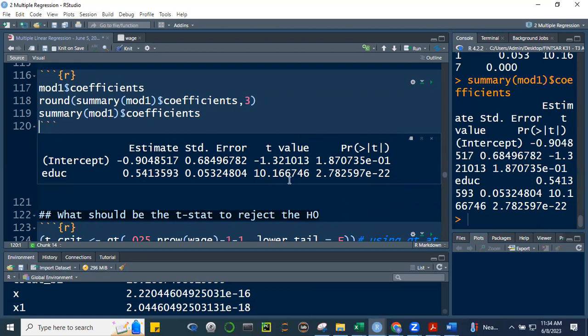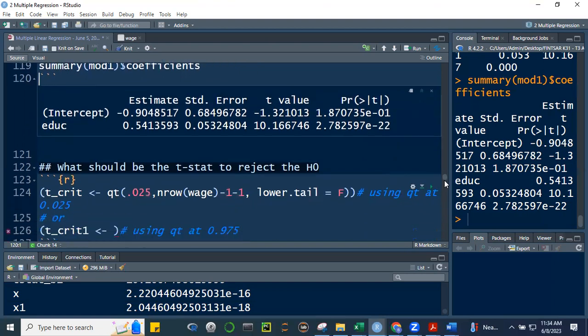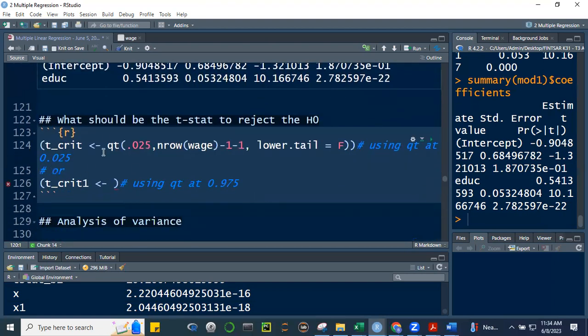So how do you use the t-value to determine whether to reject or fail to reject the null hypothesis? Well, we compute the t-critical value.